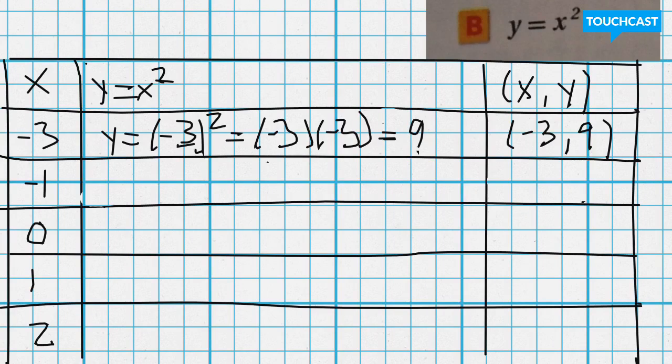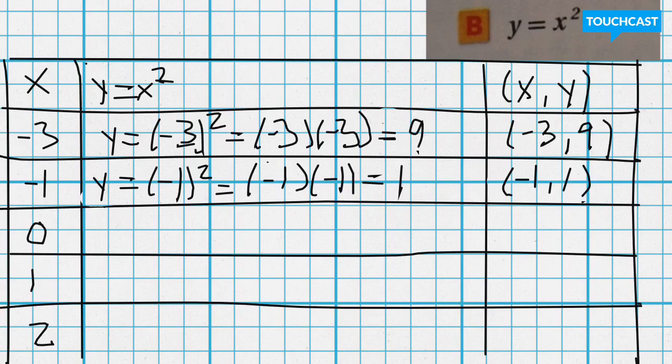Let's now substitute -1 in for x. So y equals (-1). Let's use parentheses when we are substituting numbers in for equations. (-1) to the power of 2 is just -1 times -1, which equals 1. So our ordered pair is -1, 1.